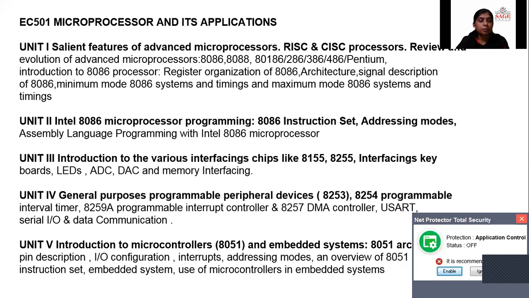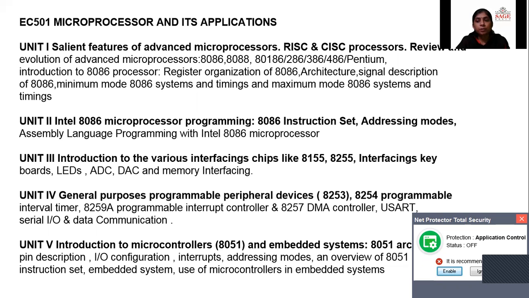In unit 4, general purpose programmable peripheral devices, 8253, 8254, programmable interval timer, 8259, a programmable interrupt controller, and 8257, DMA controller, USART, serial input output and data communication.